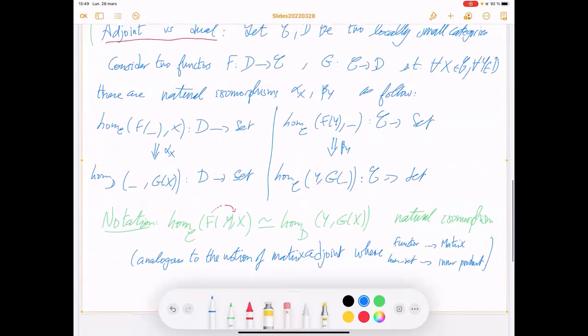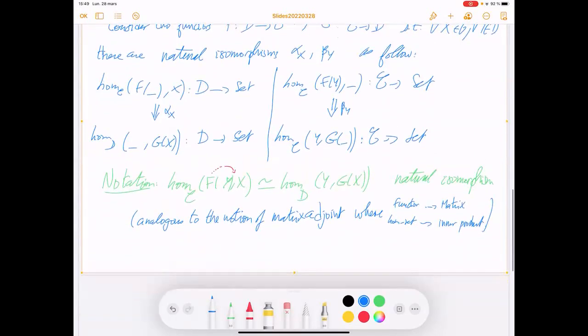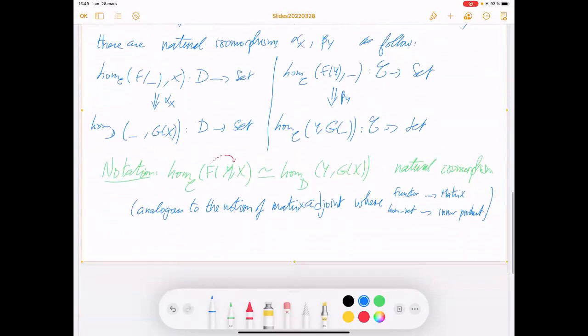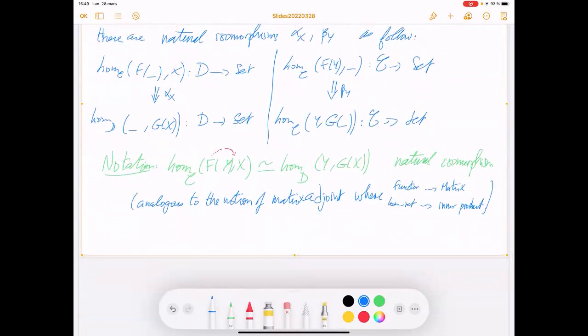So under this condition, the functor F is called the left adjoint of G, and G the right adjoint of F. As for a matrix, the adjoint matrix.